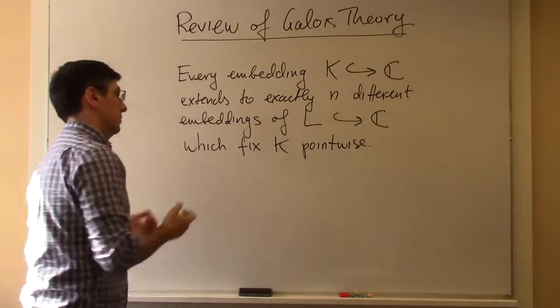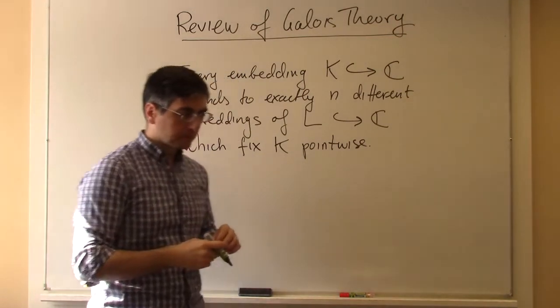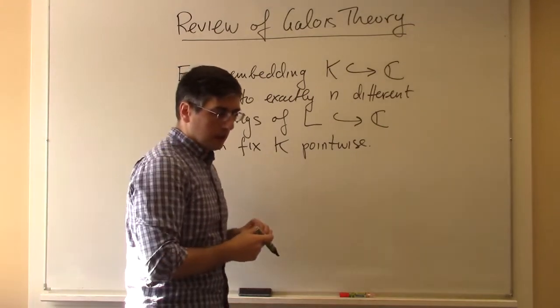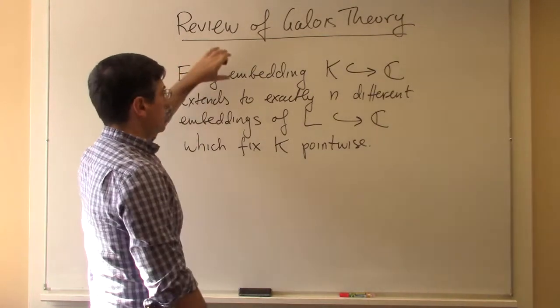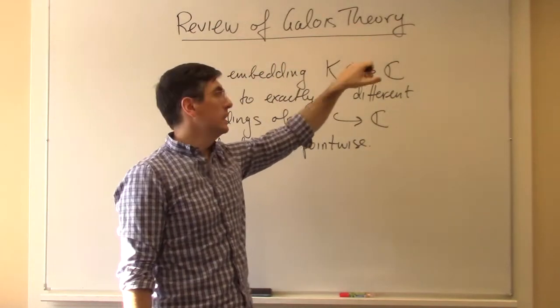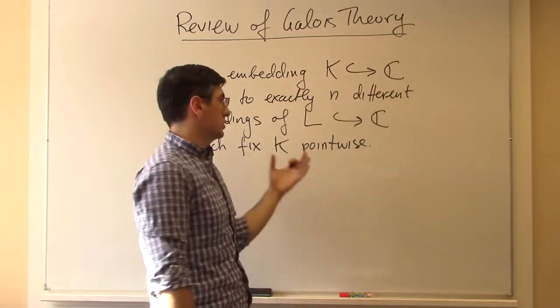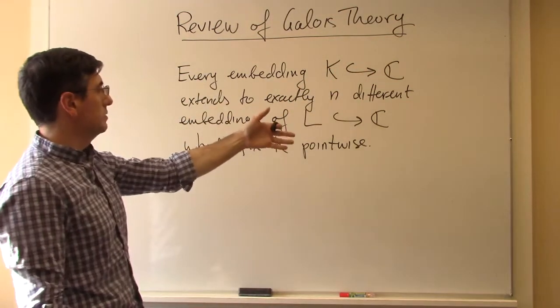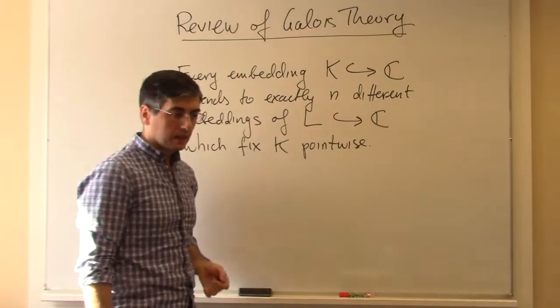So this is a fact from field theory, abstract algebra, and we already essentially at the beginning, when I assumed K is a subfield of C, fixed one of these embeddings. So then we have these n different embeddings of L into C, right?